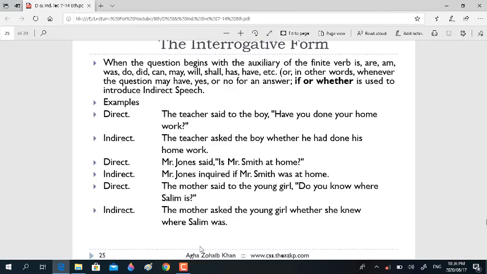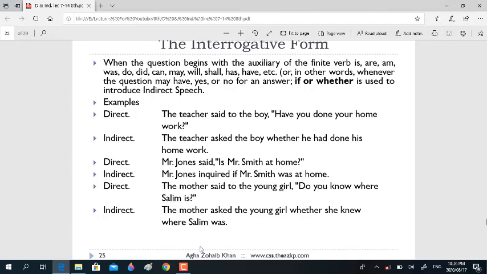Next. He said to me, why do you stare at her? Next sentence: the mother said to her child, whose toys are you holding?